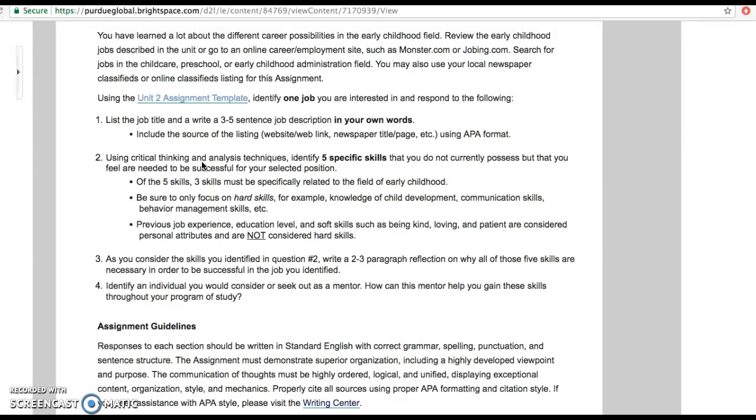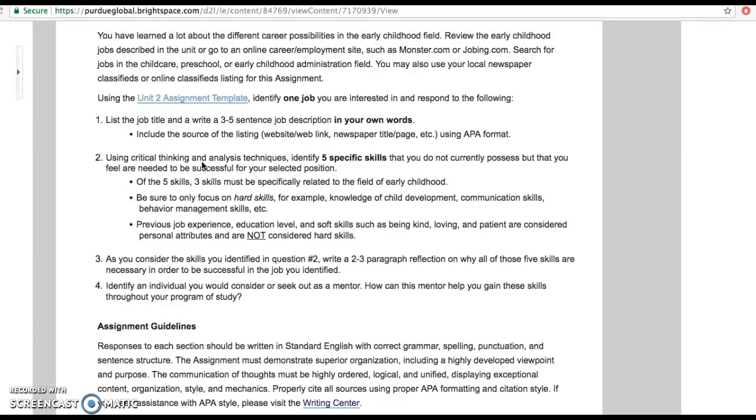Part 3 is another pretty big change. They'll be writing a 2 to 3 paragraph reflection identifying the 5 skills that they had talked about in the previous part of the assignment and why they think all 5 of those skills are necessary in order to be successful in their job. So this is kind of open-ended.